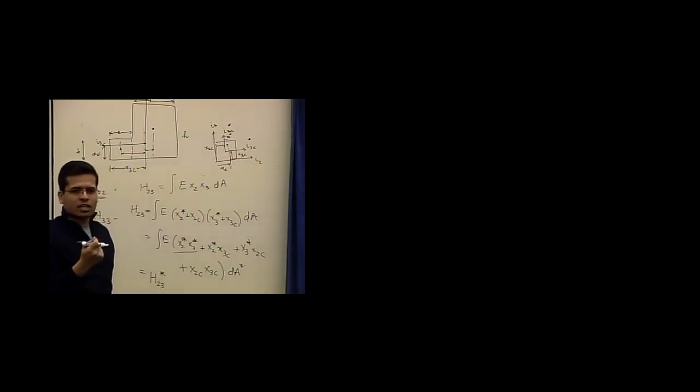So this point will have x2 coordinate, which is equal to x2c plus x2 star. So x2 star is just a coordinate. Okay, thank you.